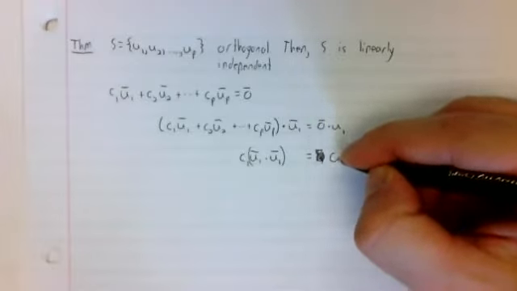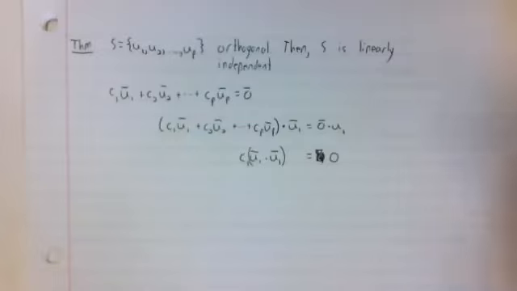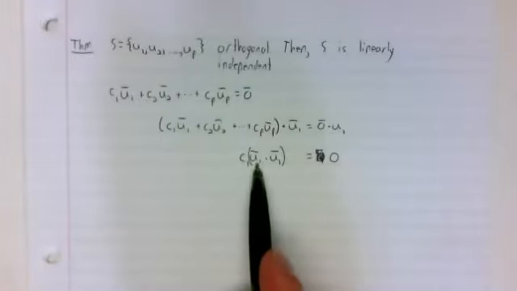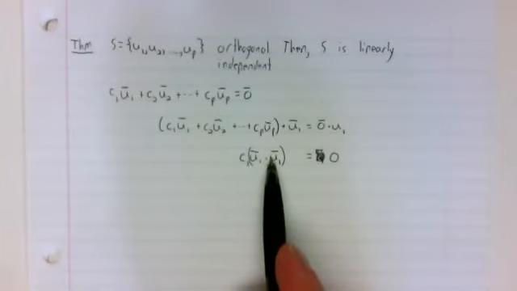Sorry, that's not the 0 vector. It's the real number, 0. Well, u1 dot u1 is not 0.